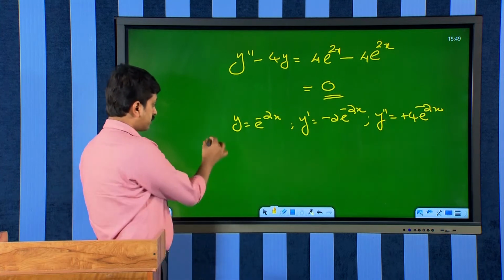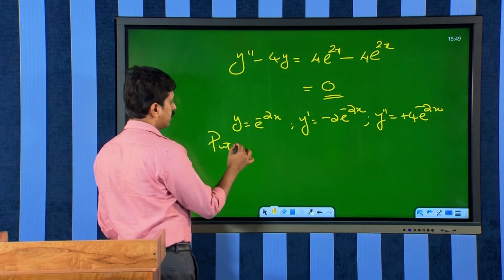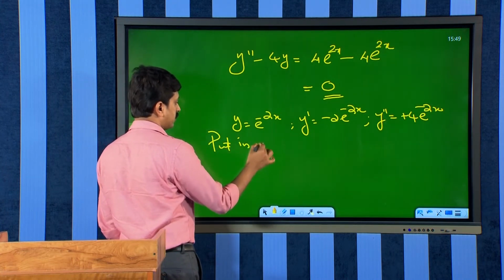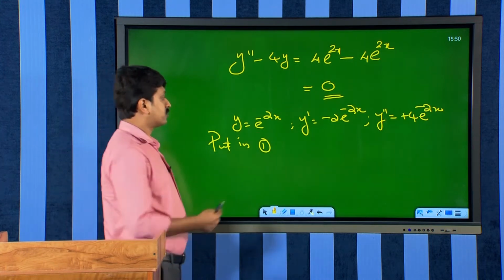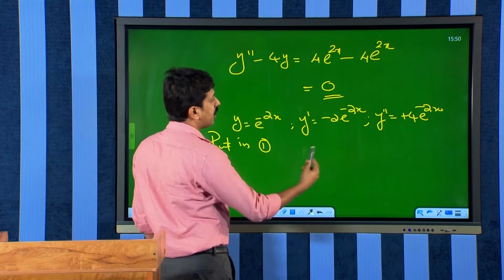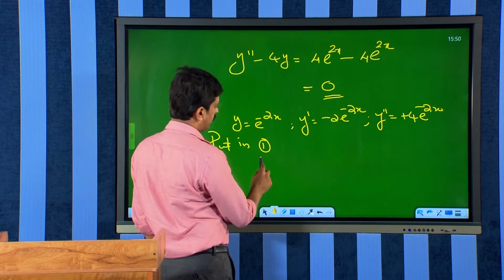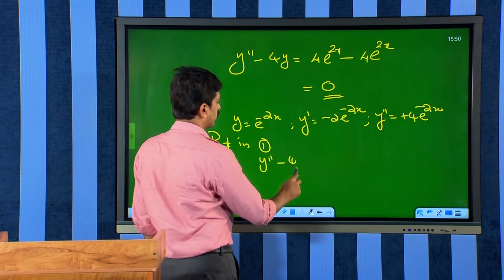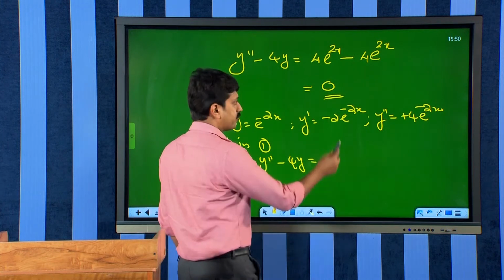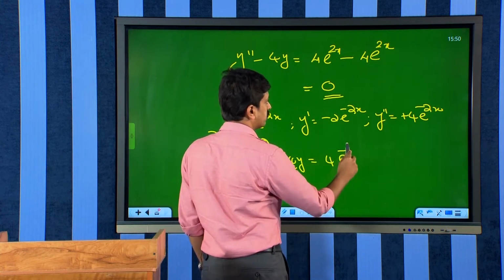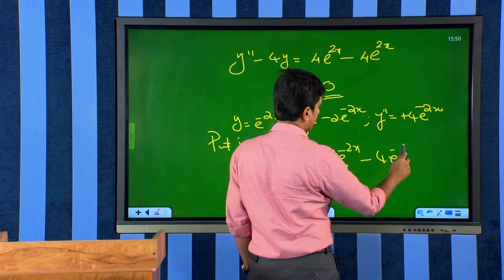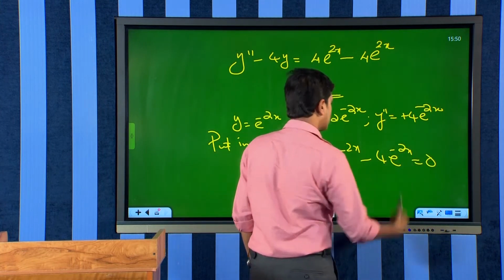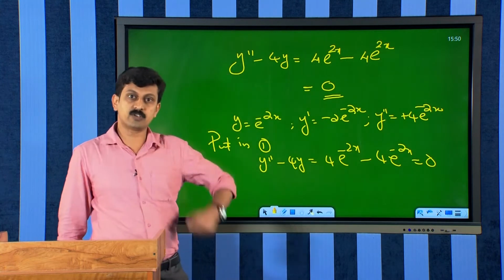Put in equation 1: y double dash is 4e raised to minus 2x, minus 4 into y, which is e raised to minus 2x. So this is equal to 0, and it satisfies equation 1.